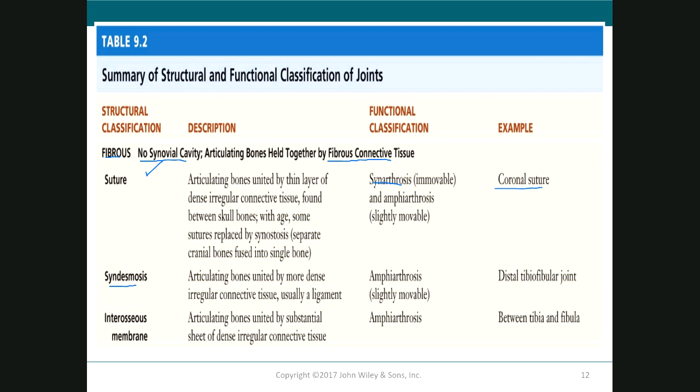Syndesmoses are amphiarthrosis, slightly movable. And remember, that was the distal tibiofibular joint ligament. The third one were the interosseous membranes. Again, we see this between the tibia and fibula and between the radius and ulna, and they're also amphiarthrosis.